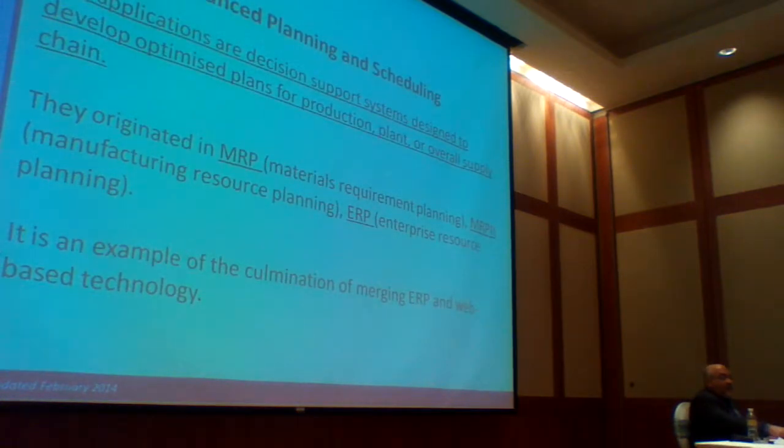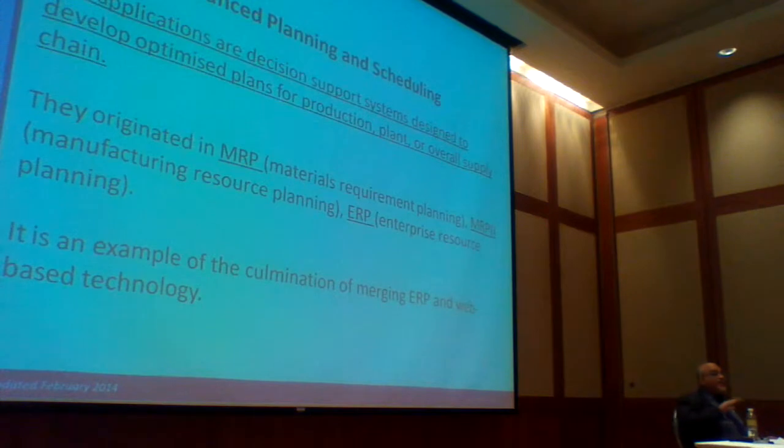Also, we can do advanced planning. Advanced planning can be done using MRP, material requirement planning, MRP2, manufacturing resource planning, and ERP, enterprise resource planning. In practice, MRP1 and MRP2 are no longer used. They were in the 60s, 70s and 80s, and ERP came to take over.